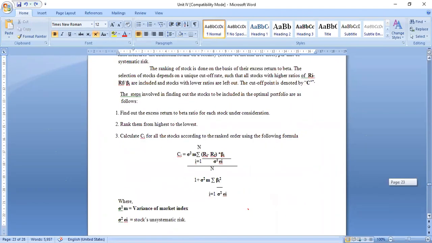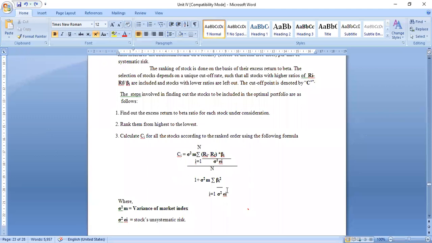Now we have to remember 5 important steps when we make calculations for the Sharpe optimum portfolio. The formula is a little complicated, but we can easily break it into various columns so that it becomes easier to place the final values in the formula.